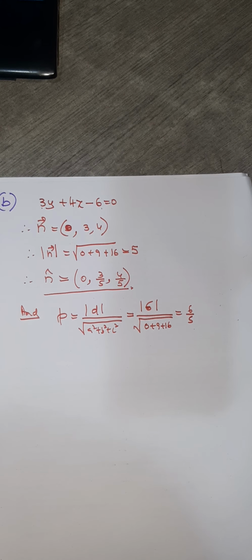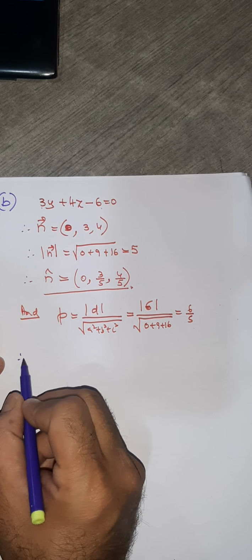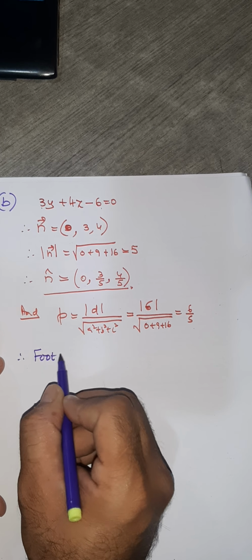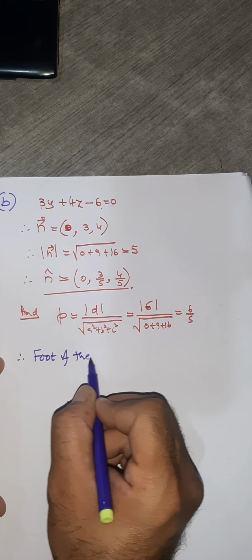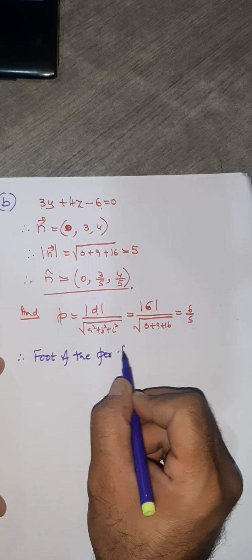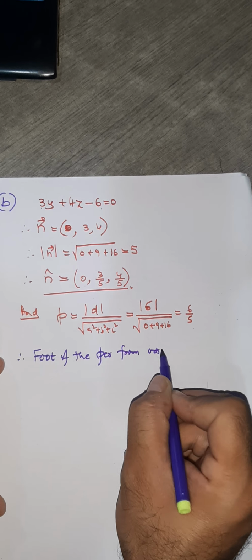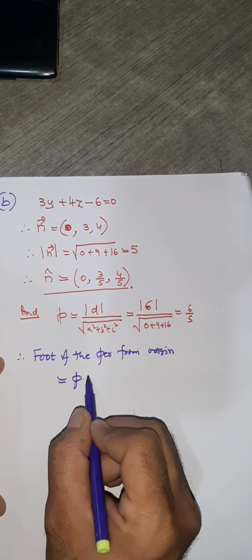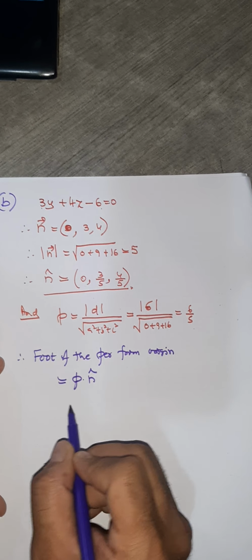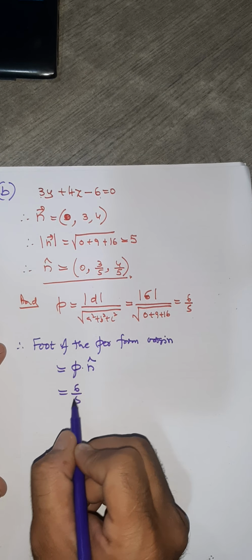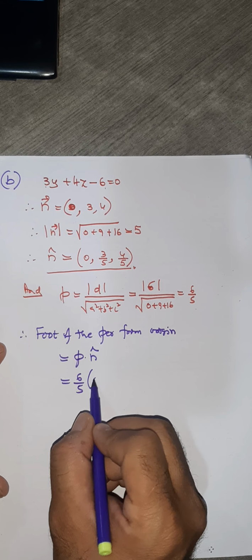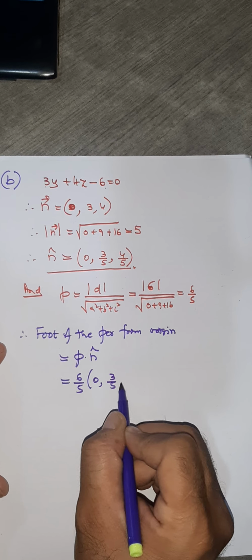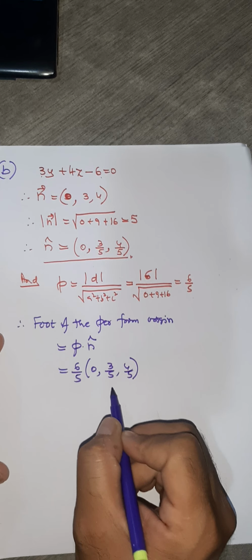And then finally, the foot of the perpendicular from origin to the plane is equal to p into n cap. What's p here? 6 by 5. What is vector n? 0, 3 by 5, 4 by 5.